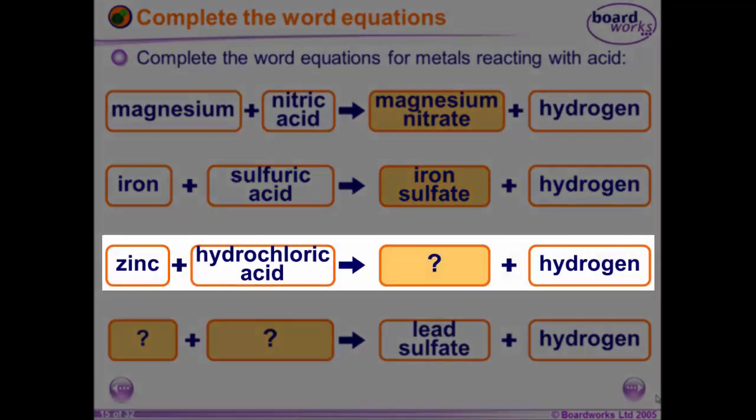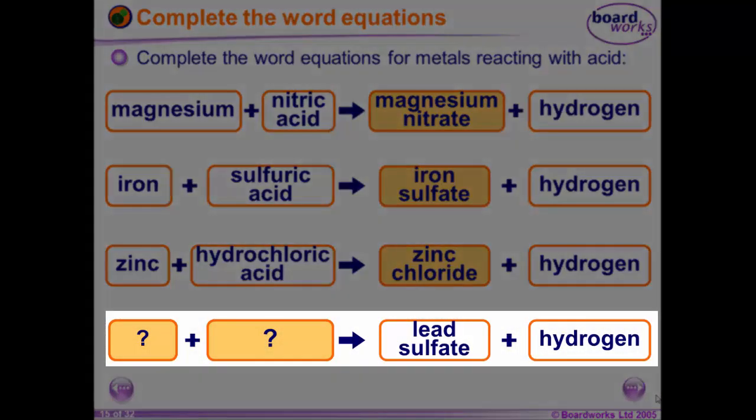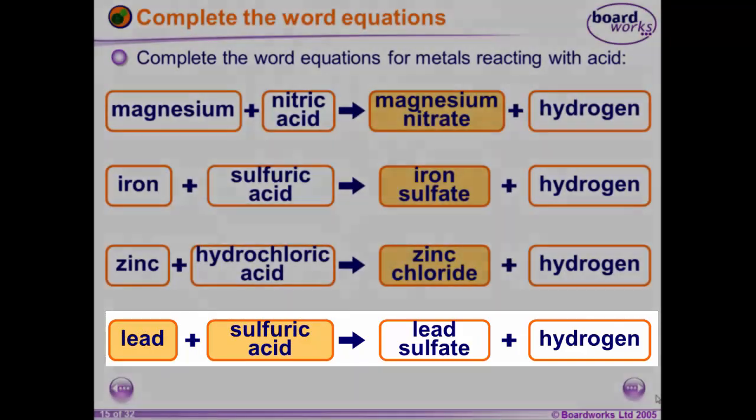If you have zinc and hydrochloric acid, it will produce zinc chloride and hydrogen. And if you have a metal and another acid and it produces lead sulfate, well, if it produces lead sulfate, the metal must be lead. And if it produces a sulfate, it must be sulfuric acid.